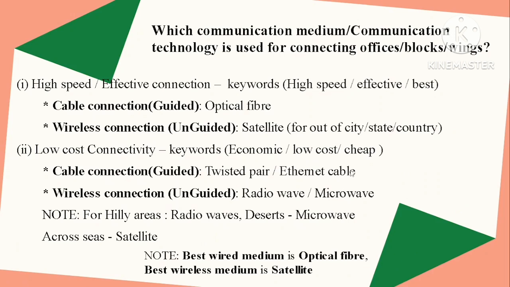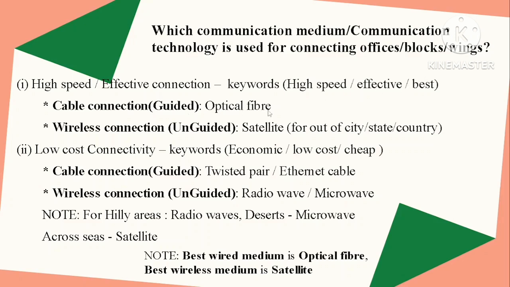Now coming to what kind of effective communication, what kind of connection should you give? Or suggest a guided connection, suggest an unguided media for connecting such and such places. So use these words. Look at these keywords. When you are asked, suggest a high-speed connection. High-speed guided connection, wired connection is optical fiber.